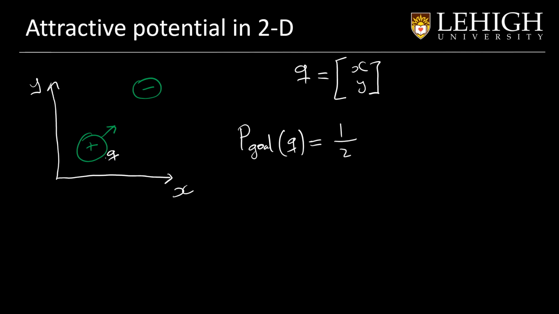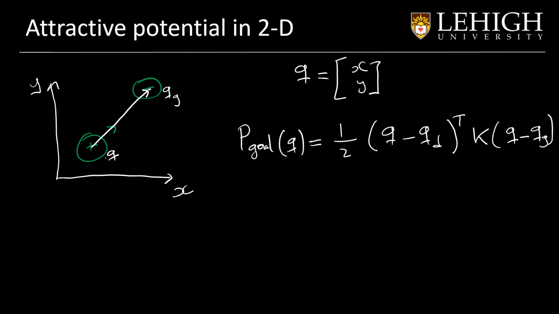And similar to the 1D case, we have a quadratic expression, but now we can write it in a vector form, where K is now a matrix, and we will multiply the difference of these vectors. Right? This is Kg, and this is the vector that we are interested in.